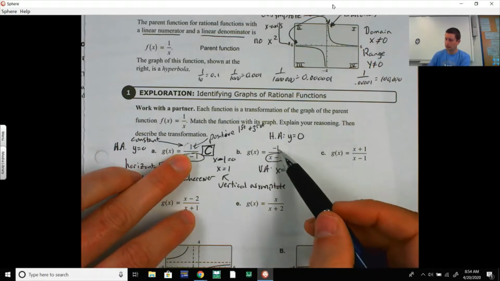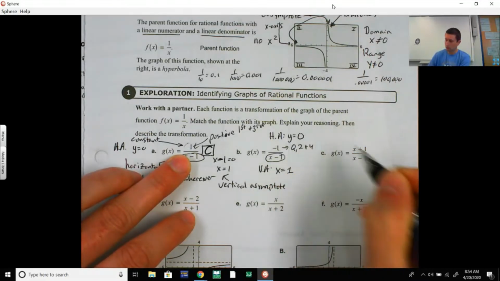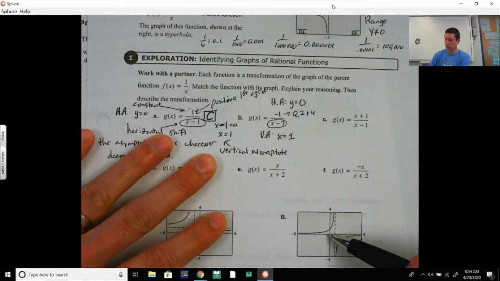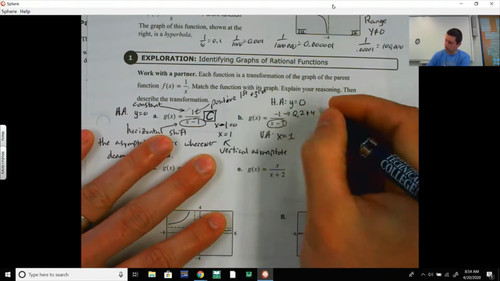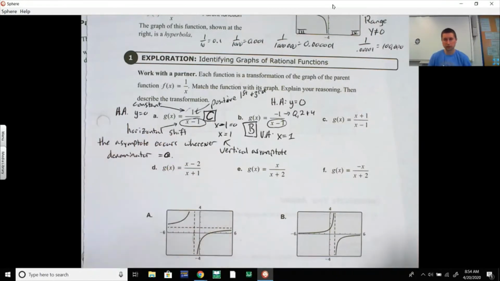The negative number puts it in quadrants 2 and 4, and that's going to be graph B that we saw earlier. So it's been shifted 1 unit right, but not up and down. So equation B goes to graph B.